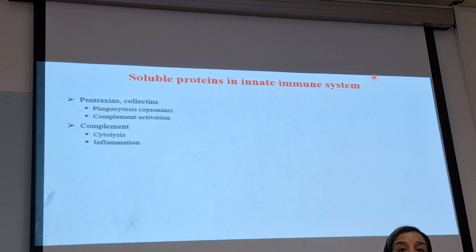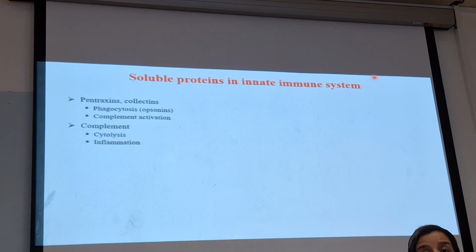We have three distinct pathways of complement activation. Finally, in all three pathways, complement activation leads to making many pores on the surface of the target cell, and this leads to cell lysis.